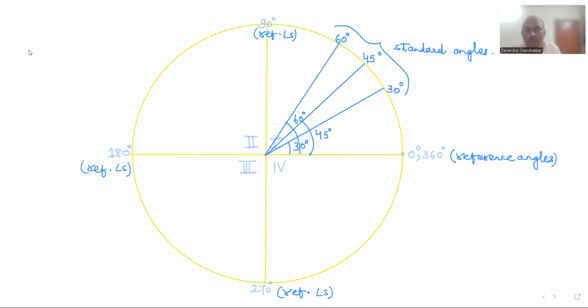Now, there should be standard angles for the second quadrant, third quadrant, and fourth quadrant as well, right? So how do we find those angles?